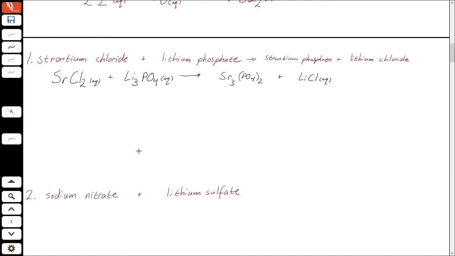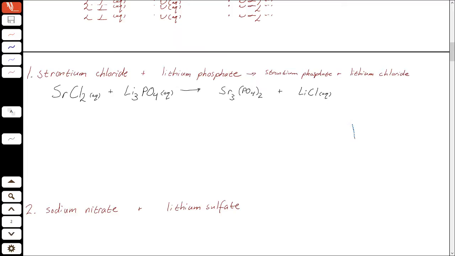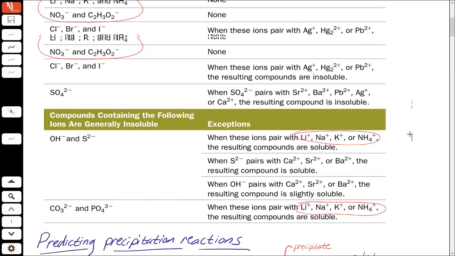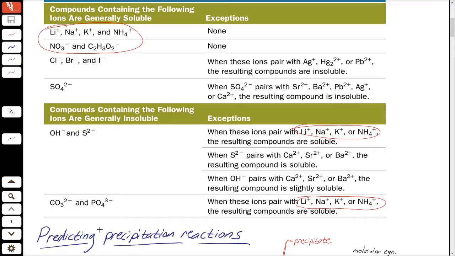Okay, so did you figure that out? Is strontium phosphate soluble or not? It is not. And just to show everybody how we would do that, you would go back up to your table here. You notice that phosphates are generally insoluble unless they are paired with those 4 cations that make things always soluble.